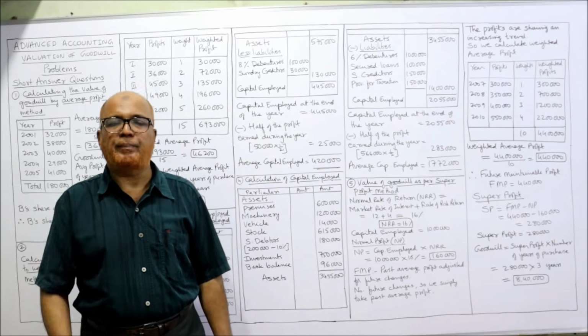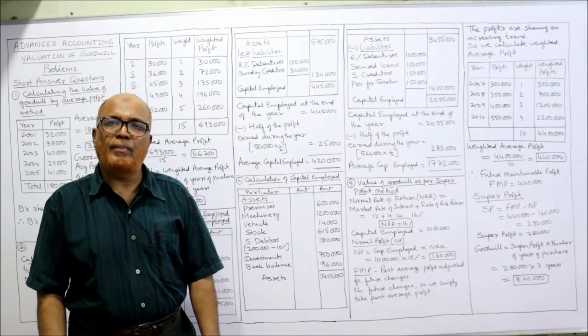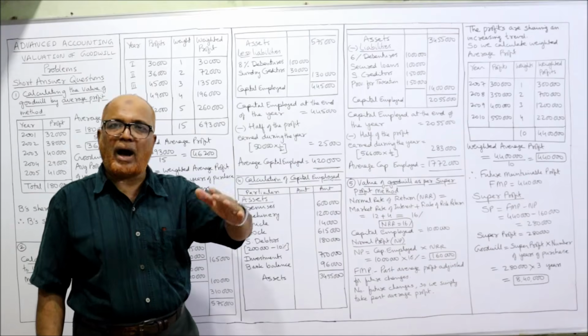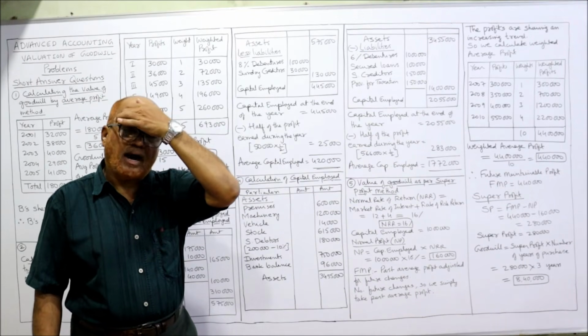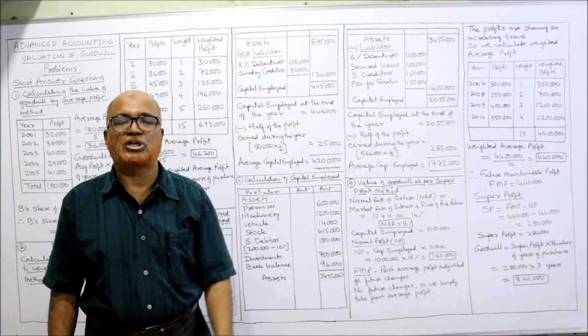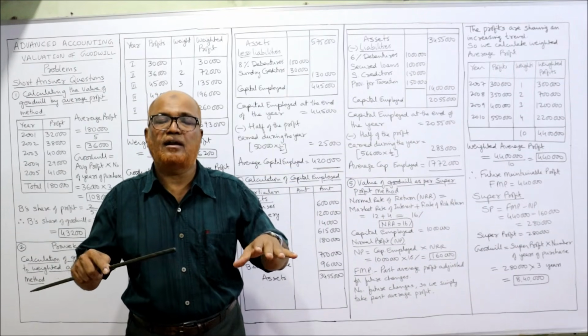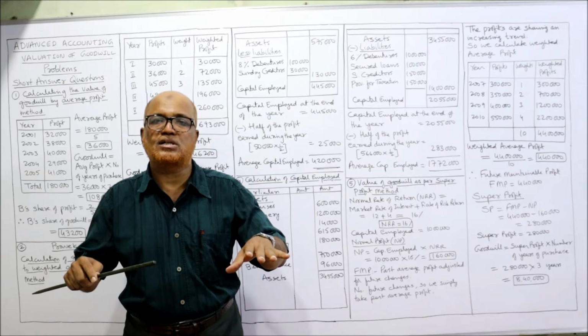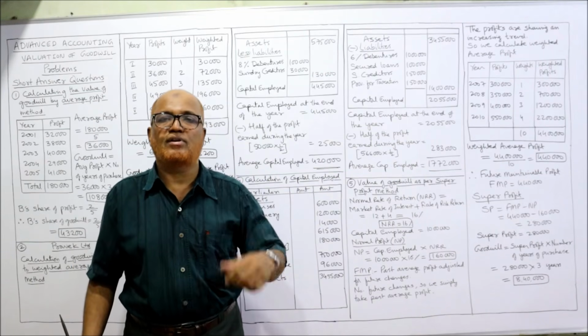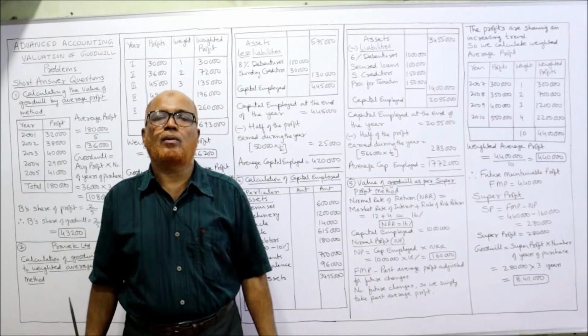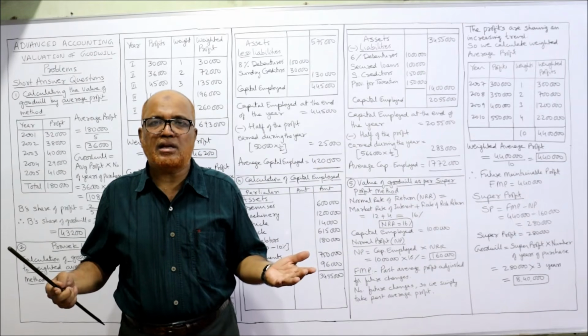Now we need the FMP. Future maintainable profit is the past average profit adjusted for future changes. If there are any future changes, we have to adjust the future changes to the past average profit. But in our problem, no future changes are given.